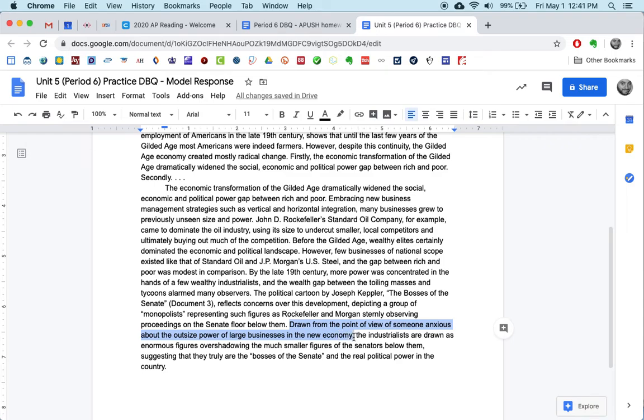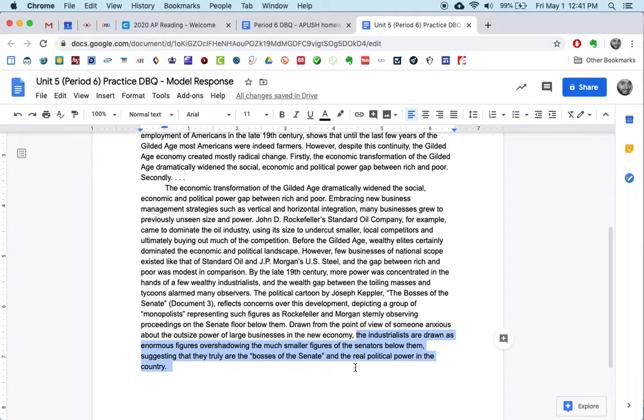Because they don't just want you to say, I think this is somebody who wasn't cool with this, or, I think this is a white guy who's rich. They don't care so much about that as much as they do whether or not you can explain how the person's point of view has an influence on the document itself.